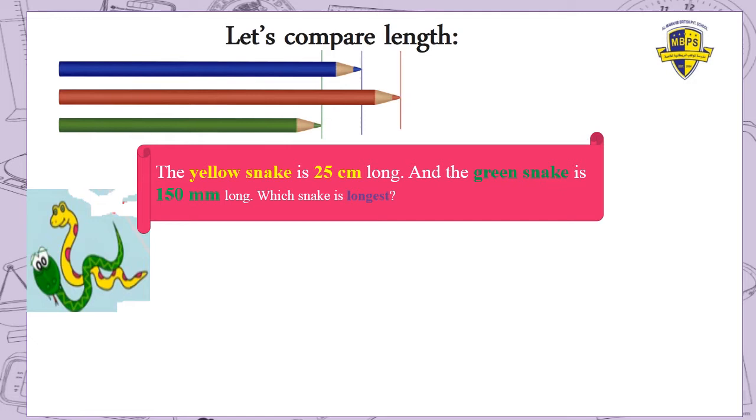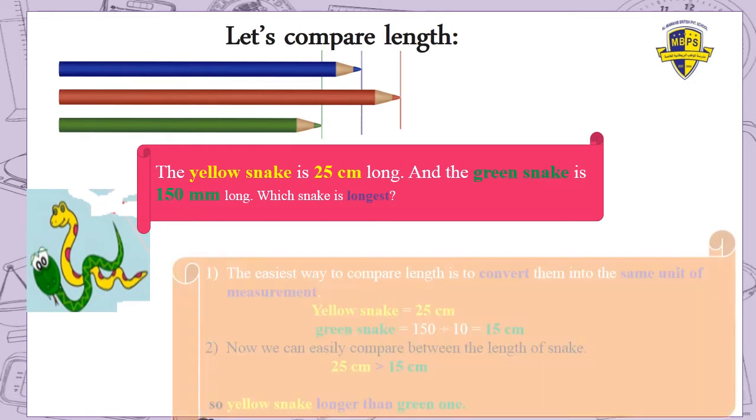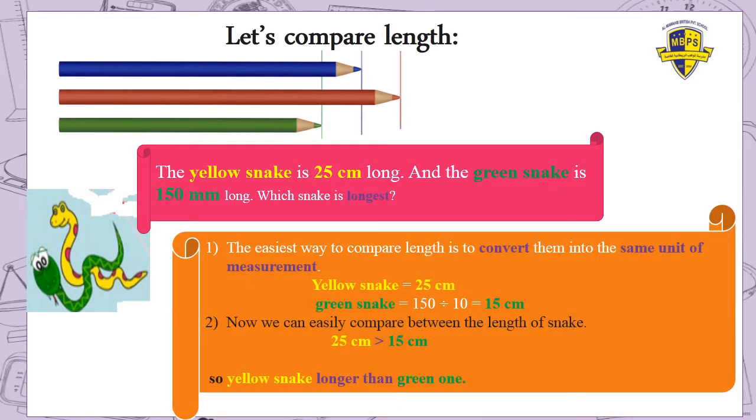I can't compare centimeter and millimeter. So what do I have to do in this case? We have to write both lengths in centimeters, or if you want, write them in millimeters. But here we will write them as centimeters.